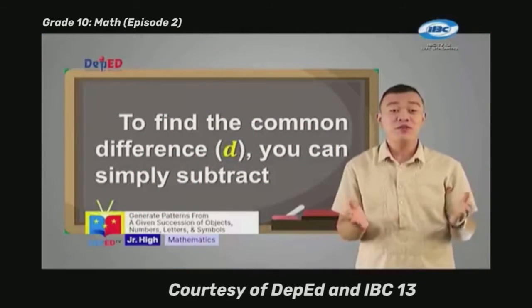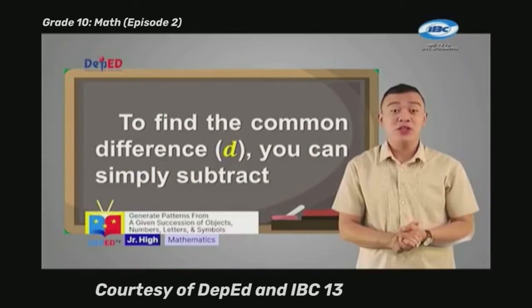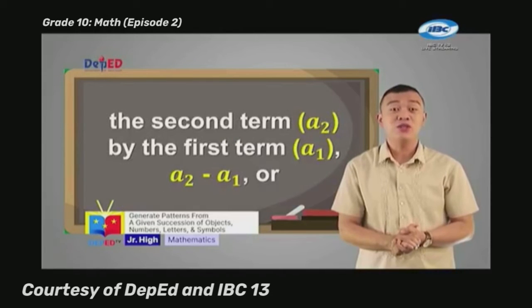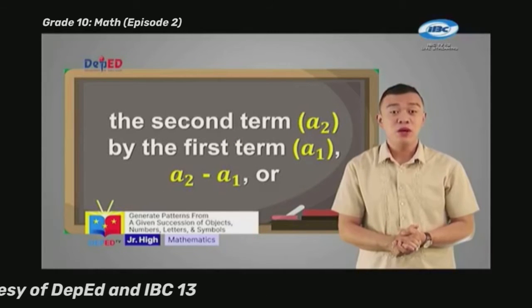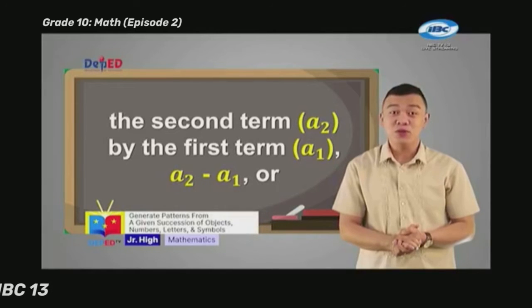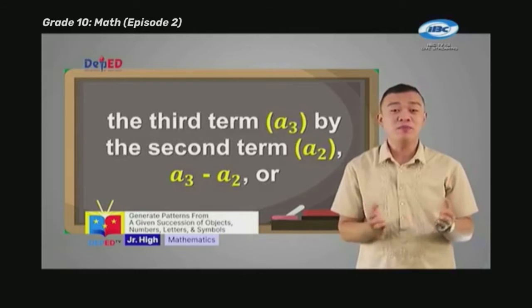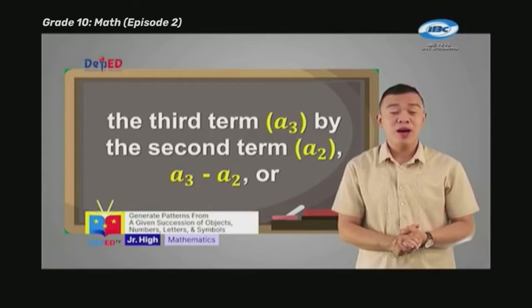To find the common difference, D, you can simply subtract the second term, or a sub 2, by the first term, or a sub 1. That's a sub 2 minus a sub 1, or the third term, or a sub 3, by the second term, or a sub 2.